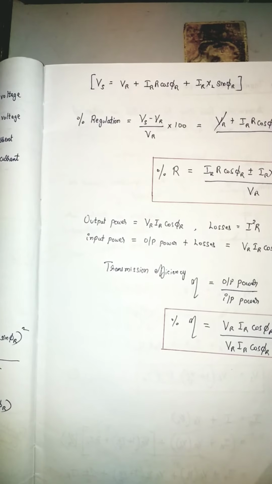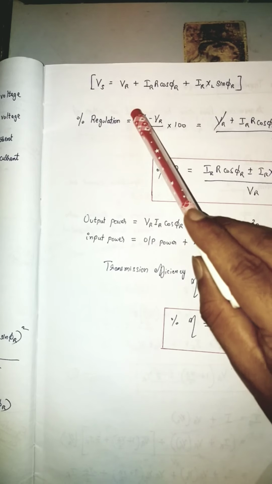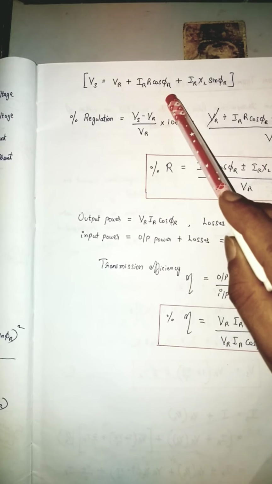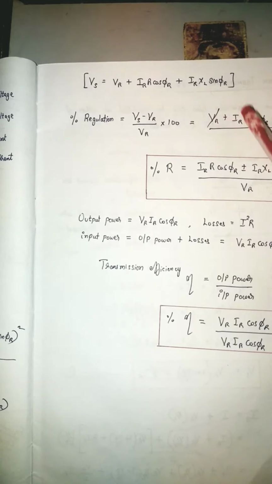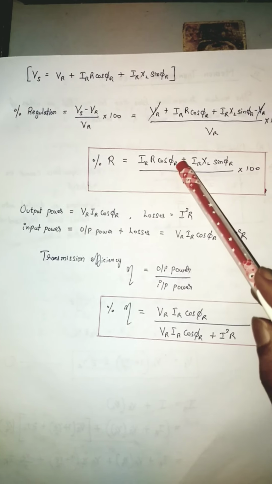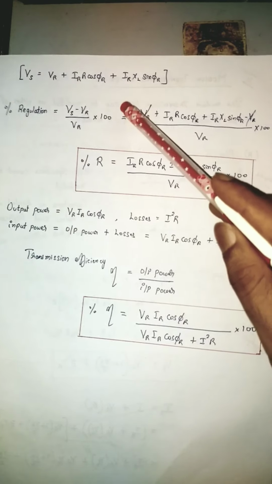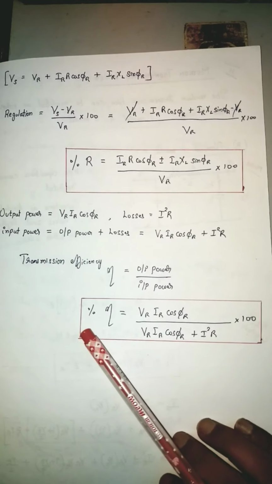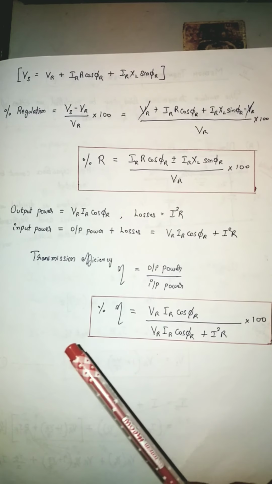So you are left out with the real part of the component, which is Vs is equal to Vr plus IRR cos phi r plus IRXL sin phi r. Then after getting the expression for Vs, we are interested in calculating the regulation and then efficiency.